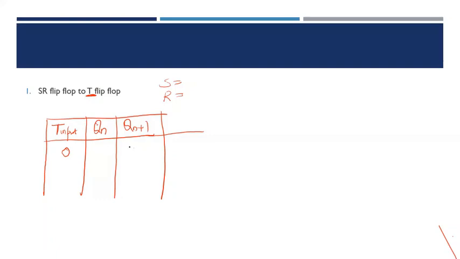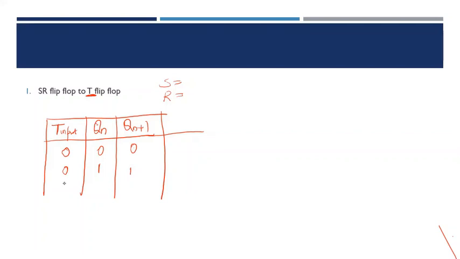Now Qn may be either 0 or 1. If Qn is 0, the next output Qn plus 1 will also be 0. If Qn is 1, the next output is 1.